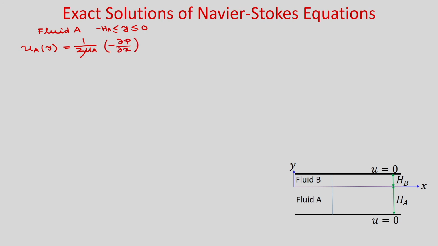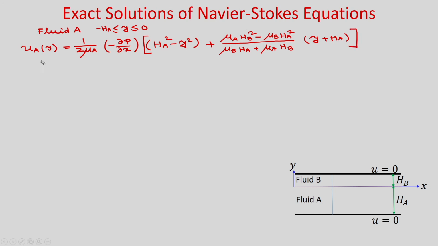Okay, this is favorable pressure gradient, that is why I am writing in terms of minus del p by del x, and it will be h a square minus y square plus mu a h b square minus mu b h a square divided by mu b h a plus mu a h b into y plus h a.